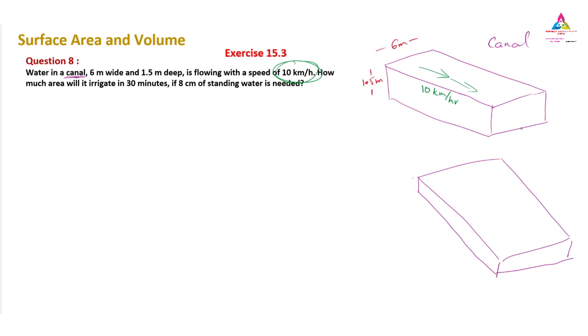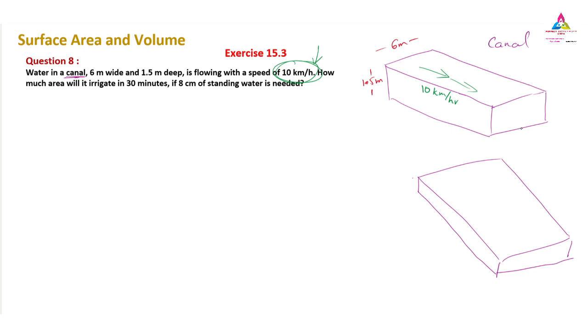And how much water is there? For example, if you think the water is not flowing now, it has just stopped and stays over there, and we will find what water is stored in that time. That is for 1 hour, because they have given 10 km per hour as the flowing rate of the water.